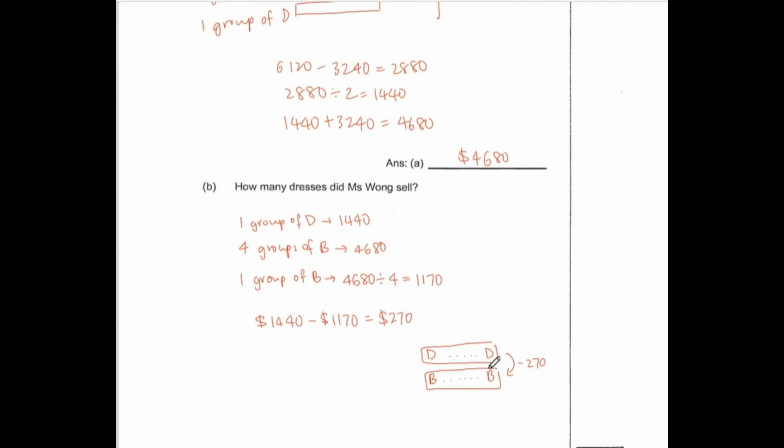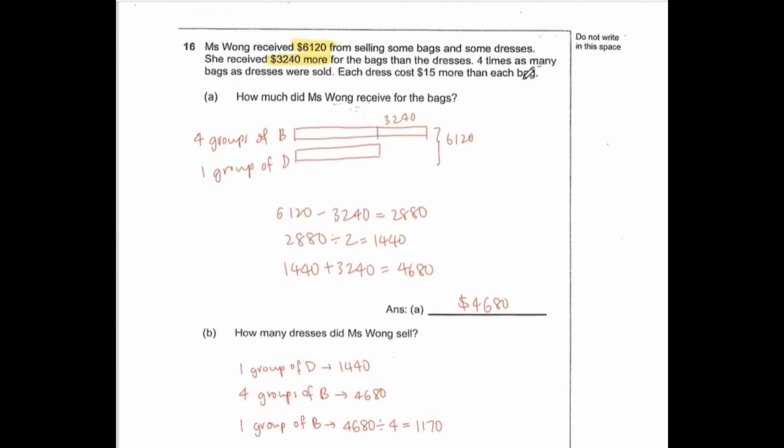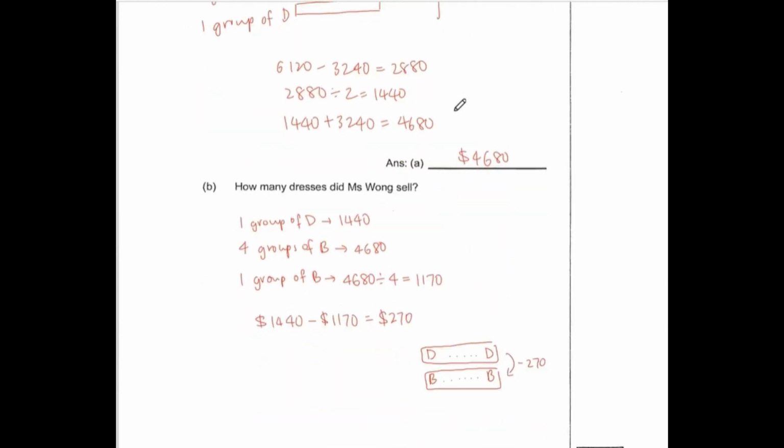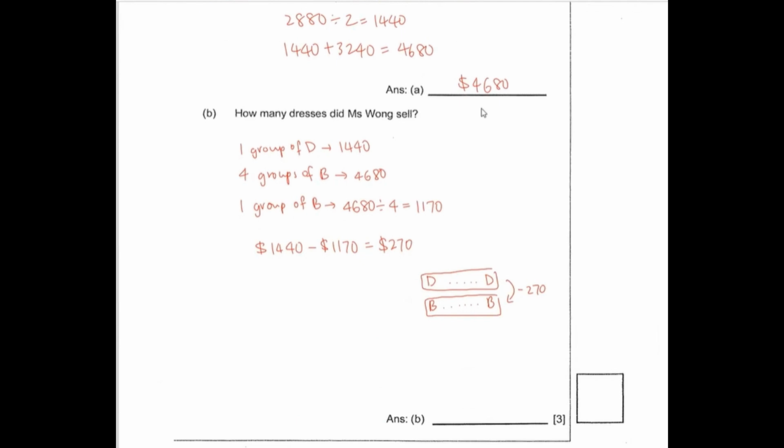But every bag is $15 less. So here is minus 15. So if I take 270, I divide by 15, what am I actually finding? I'm actually finding how many sets of 15s are there, right?